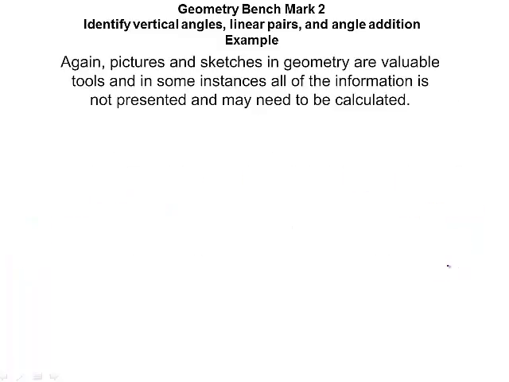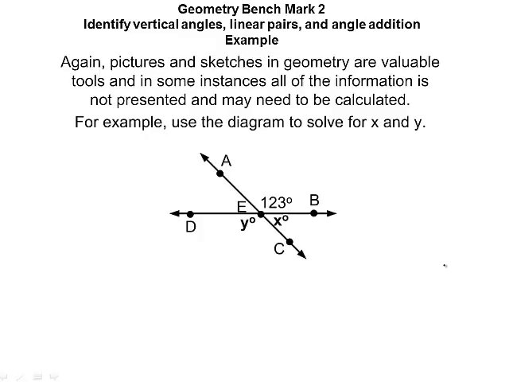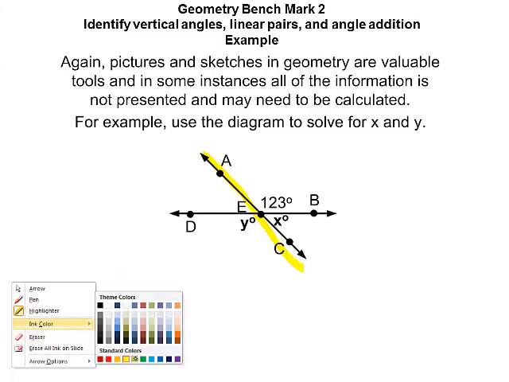Pictures and sketches, I know you guys probably don't like to draw all these figures and everything, but when you draw them and label them, it makes understanding what to do next 100 times easier. So if I use a picture to solve for x and y, I have a straight line and another straight line. Let's make that one green.